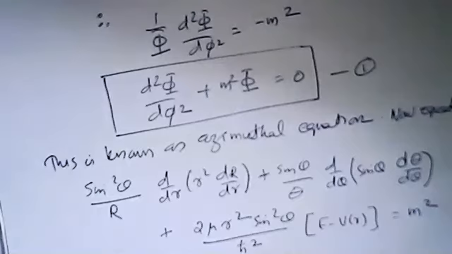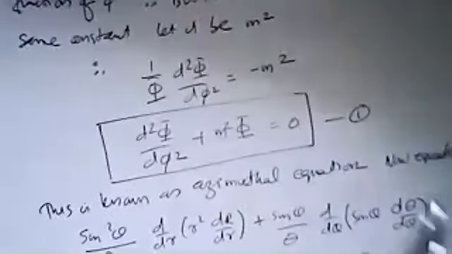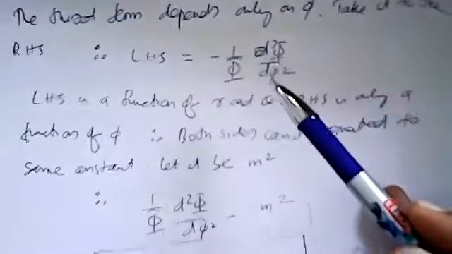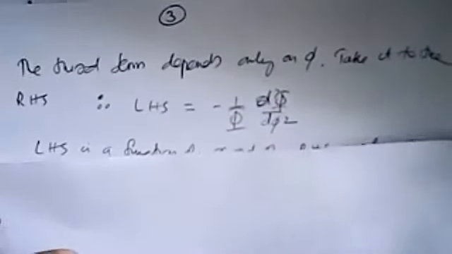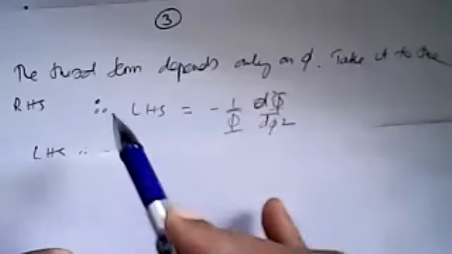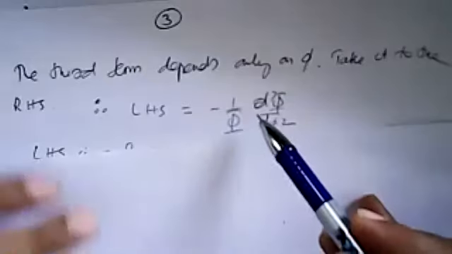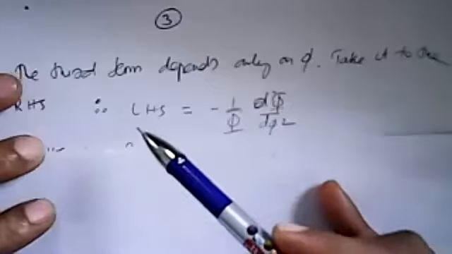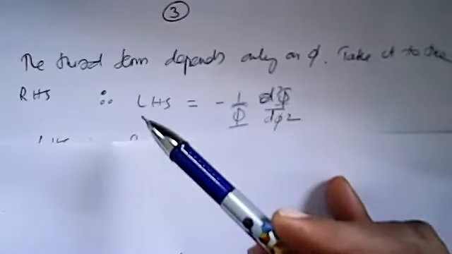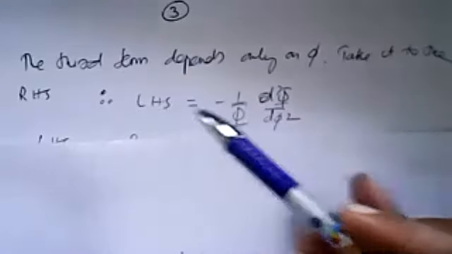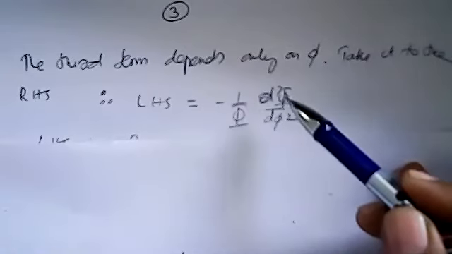Here you can see that the third term only phi comes, so take that phi term to the right side. LHS has R and theta, and on RHS we have only phi.